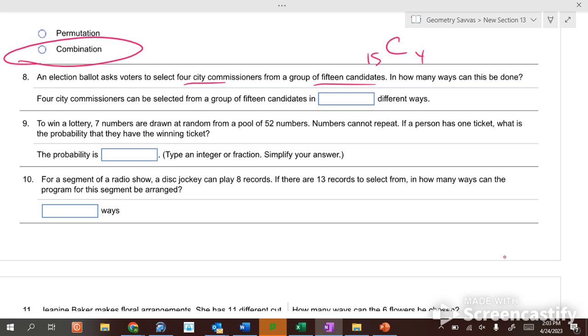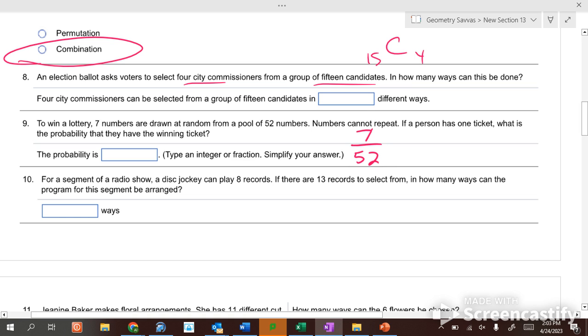Well, what's the chance of you having the number right with the first ball of 52 balls, if there's 7 numbers that are going to be drawn? You have 7 numbers on your sheet of paper and they draw a number. Your chance of having that number is 7 out of 52.